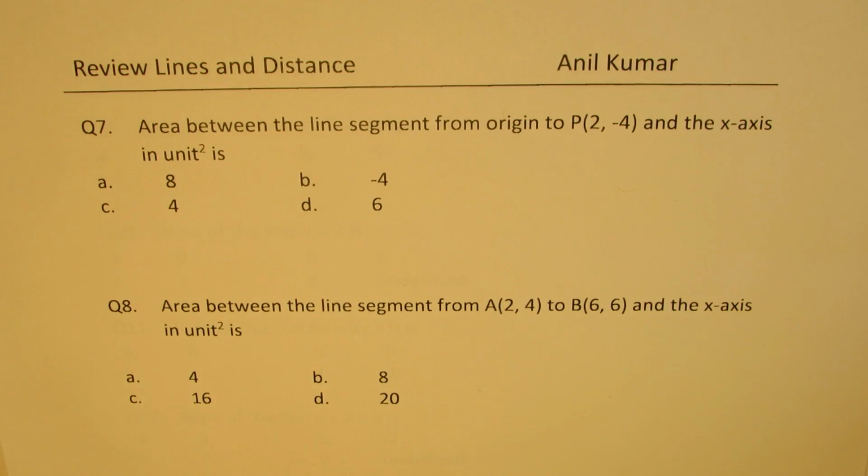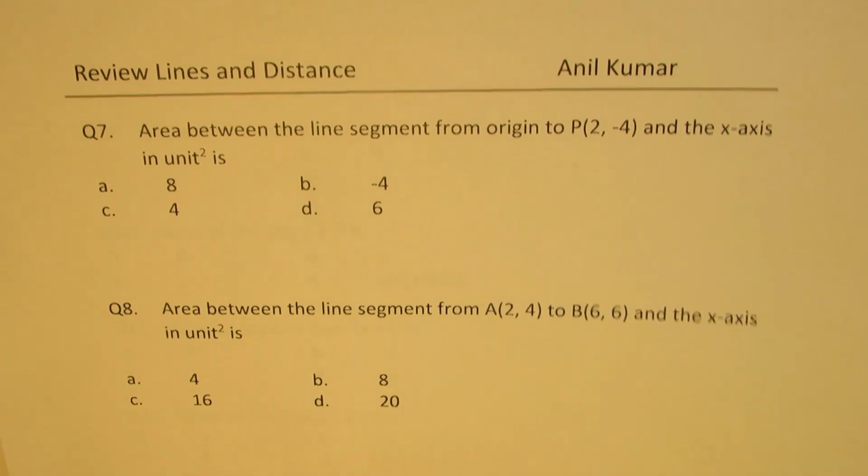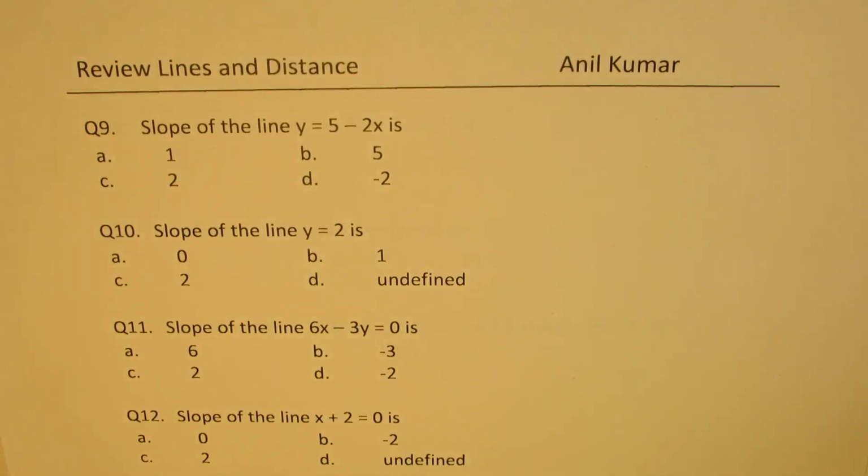Next two questions are to find the area between the line and the axis. It could be horizontal axis or the vertical axis. Then we have questions relating to the slope of the line when its equation is given.